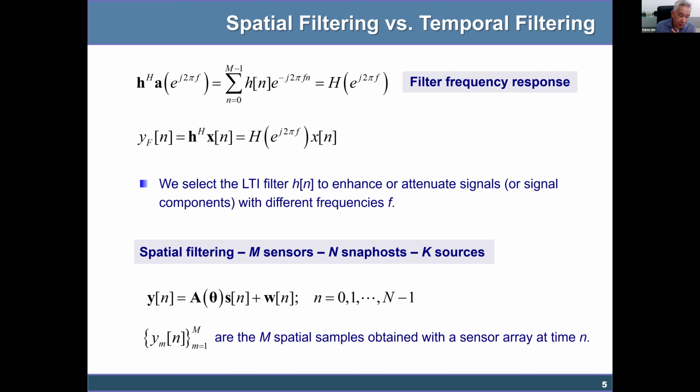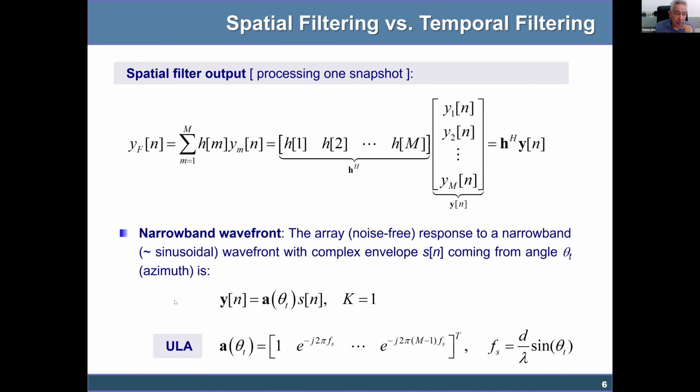Now we have the signal in the spatial domain. The question is, what can we gain from performing spatial filtering? So the summation now is not over n, the time, but over m, which is the space.